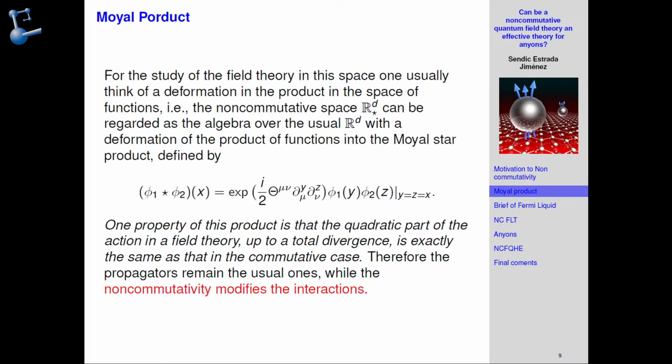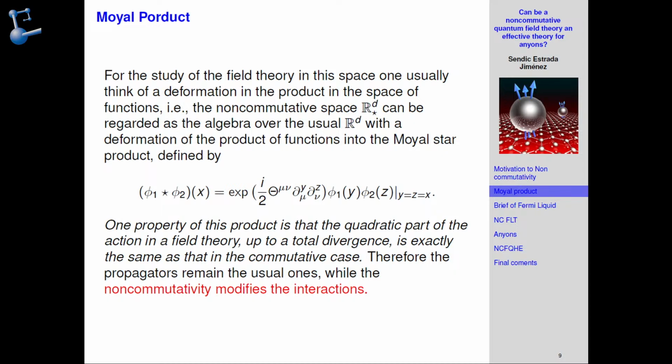For the study of field theory in this space, we usually think of a deformation of the product in the space of functions. The non-commutative space can be regarded as the algebra of the usual R^D with the deformation of the product of functions into the Moyal star product, defined in this form.